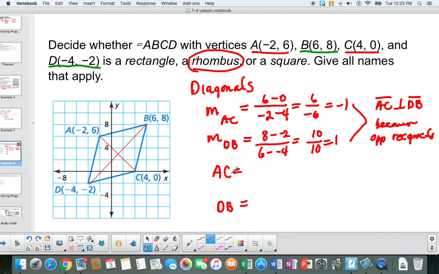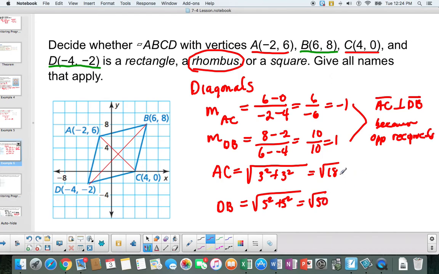Let's take a look at the distance. Now, visually, you can see the distances are not the same. So I'll go ahead and figure them out, but visually we can see that it's not going to be. So it looks like it's 3 squared plus 3 squared, which is root 18, and DB is root, let's see, 1, 2, 3, 4, 5, 5 squared plus 5 squared, and that's root 50.